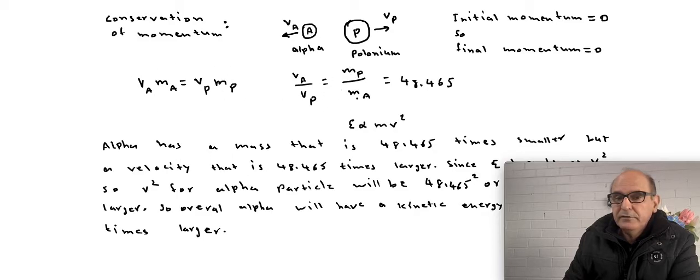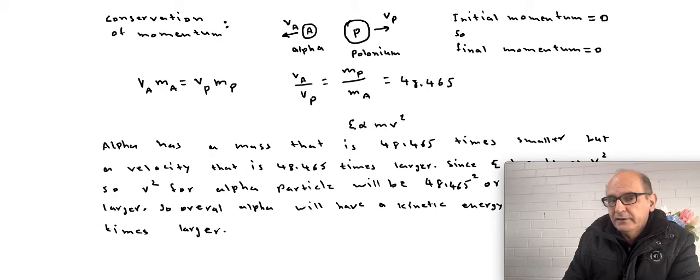We can rearrange it in this form. We know that the ratio of the mass of polonium to the mass of alpha is 48.465, so polonium has a mass about 48 times larger than alpha.